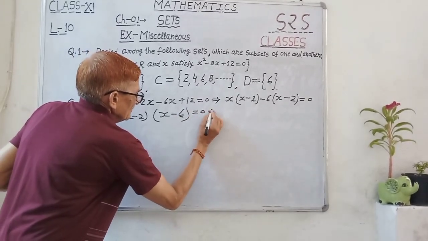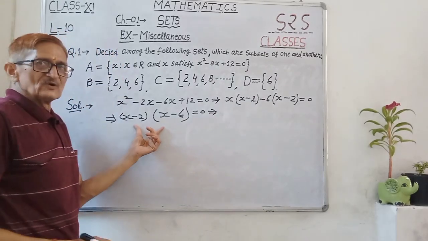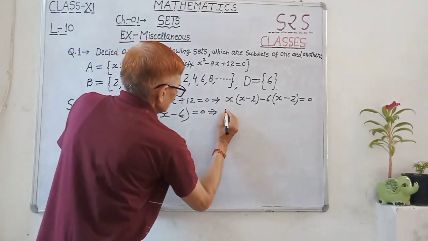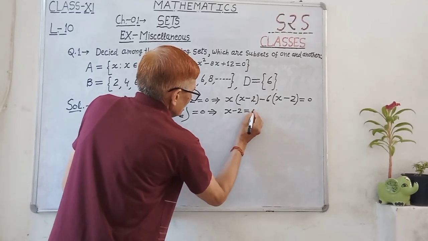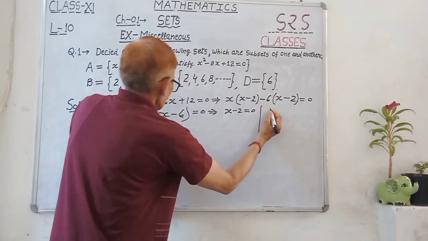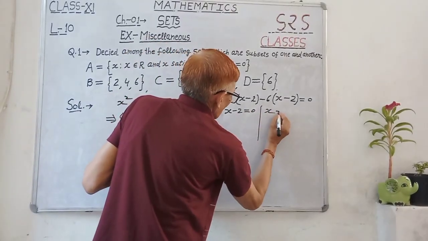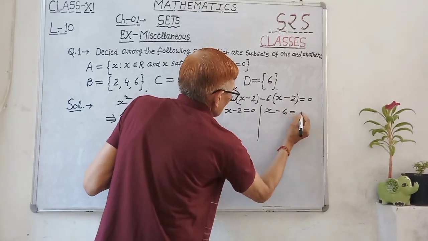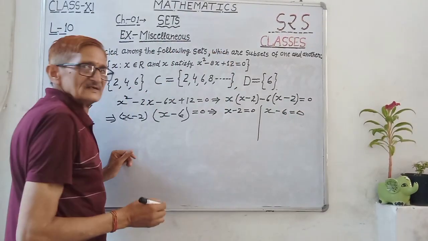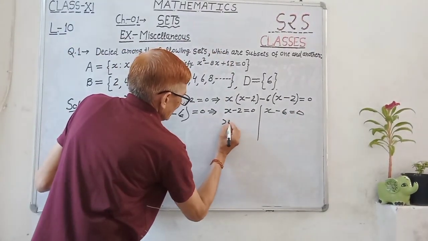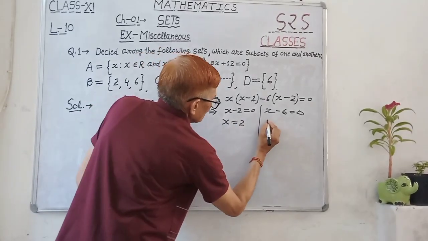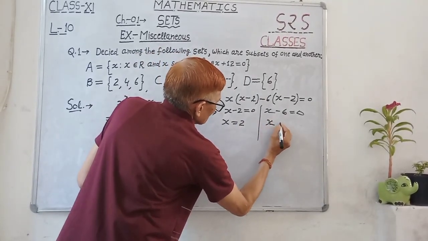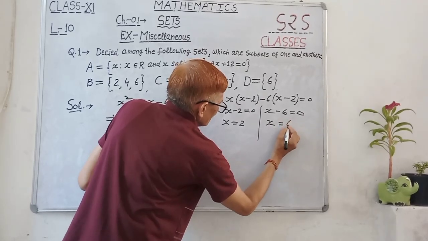So now product equal to 0 of the two numbers, each number will be 0, then x minus 2 equal 0, or x minus 6 equal 0. Okay, so then x is equal to 2, and this x is equal to 6.